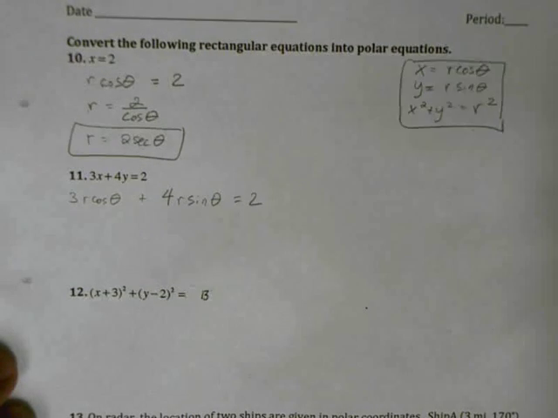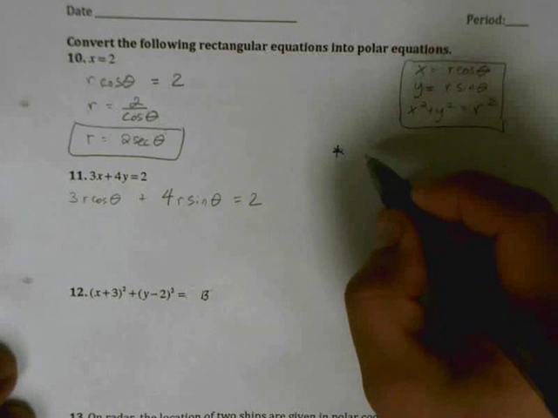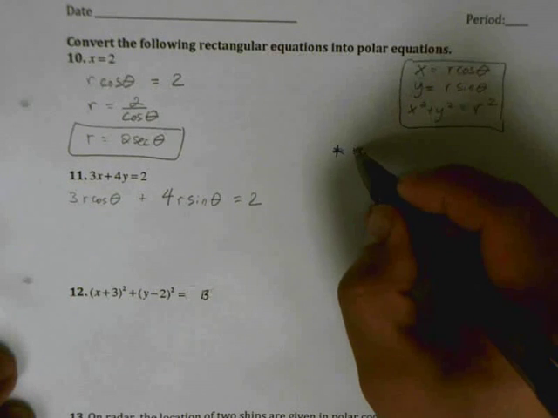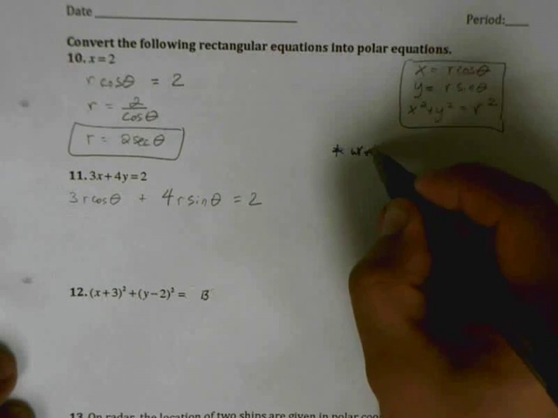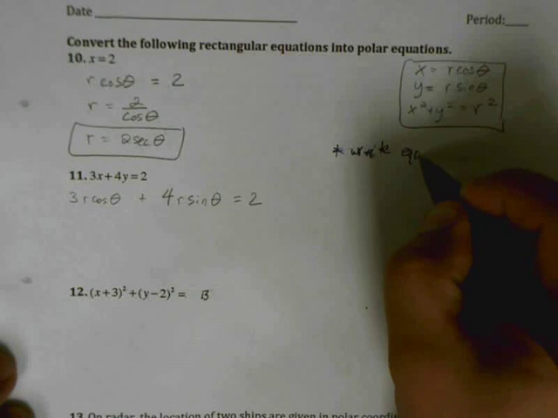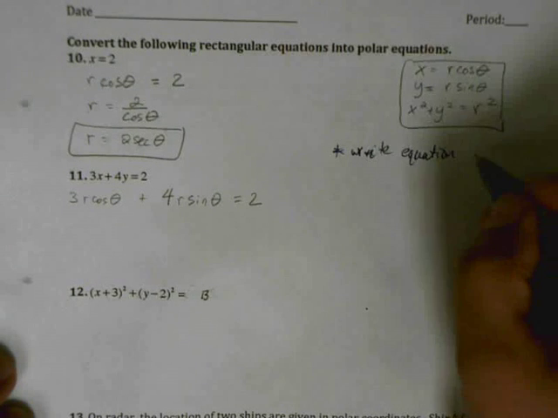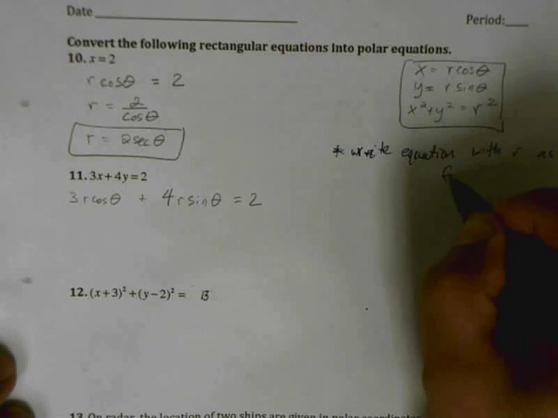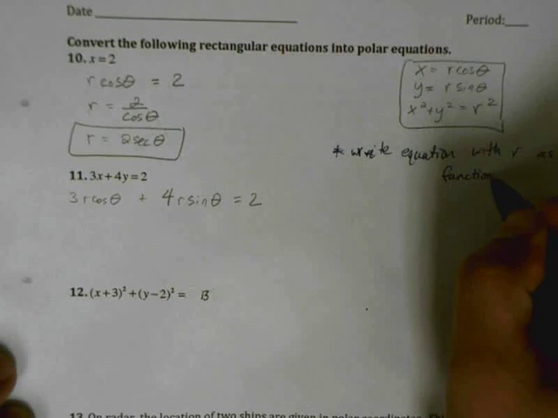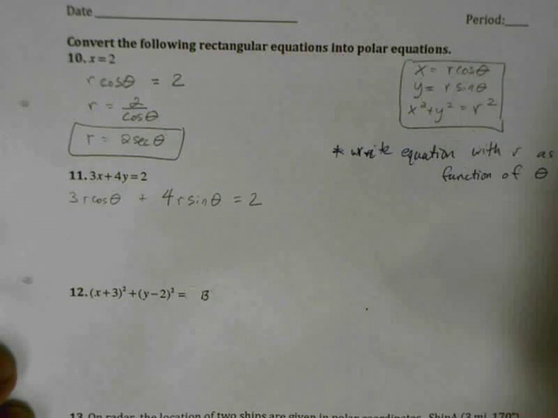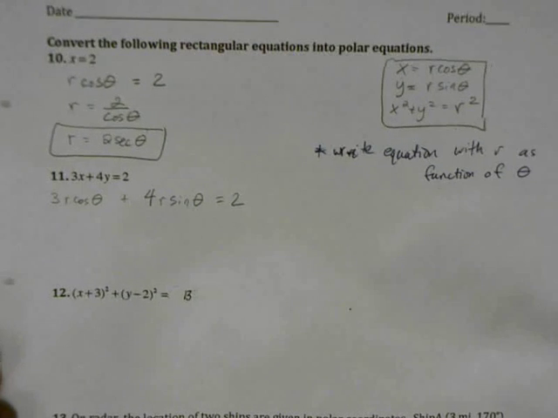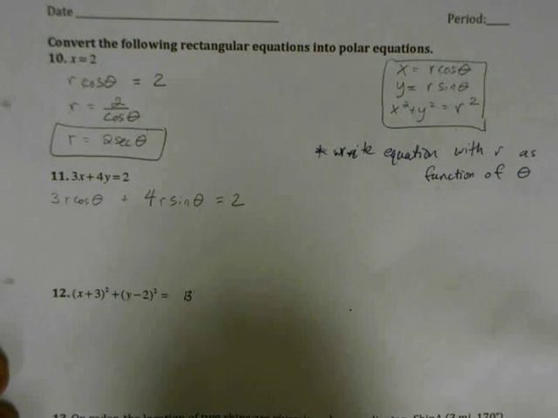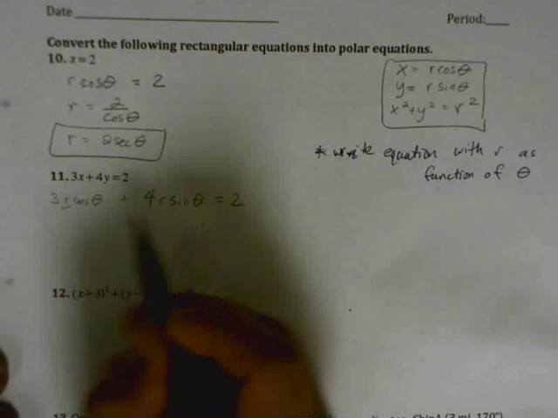So we want to write the equation with r as a function of theta. So we want to get r by itself, which means I'm going to factor out r here.